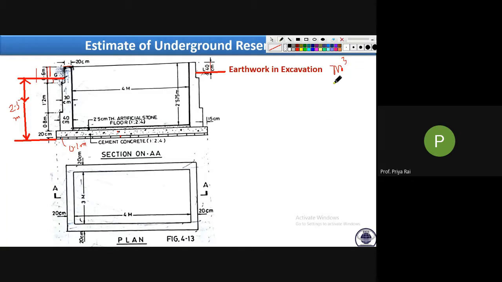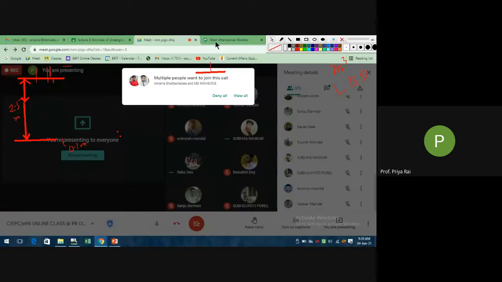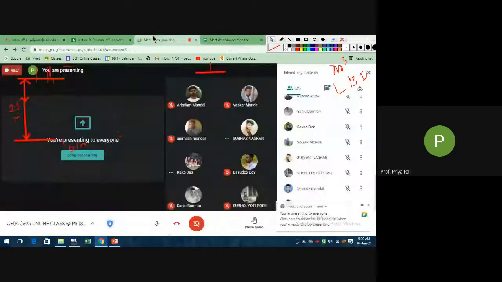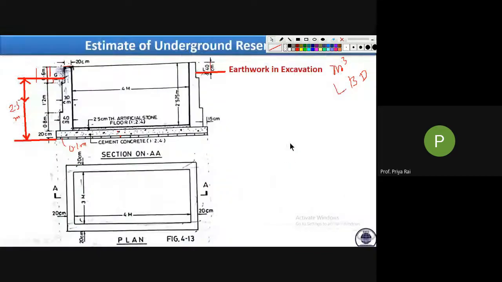So we need length, we need breadth, and we need depth, or height, for this earthwork excavation. Depth we have calculated. Now we have to calculate length and breadth.